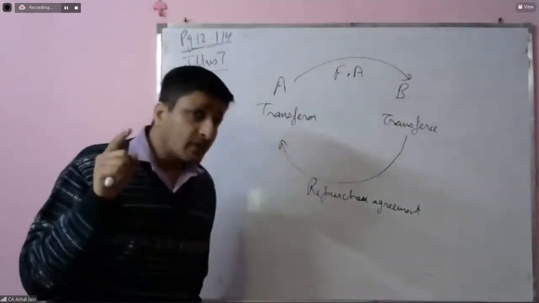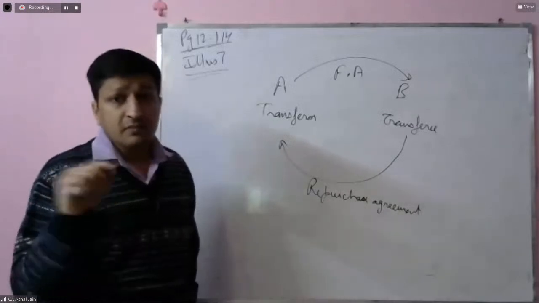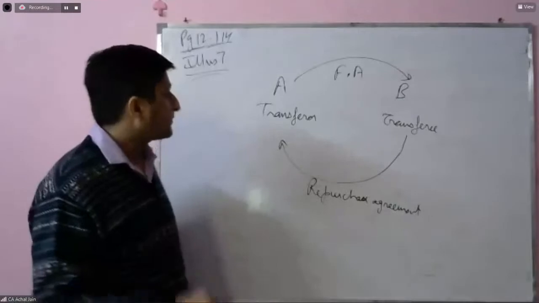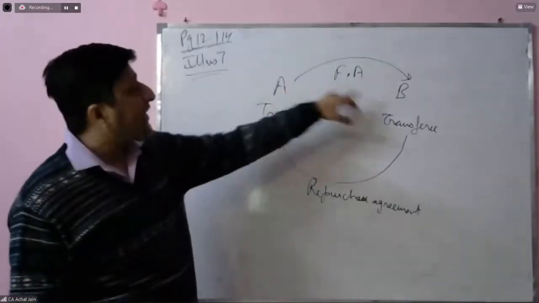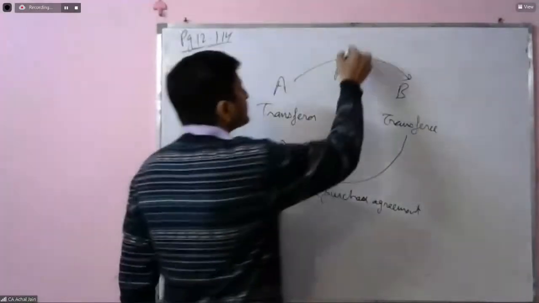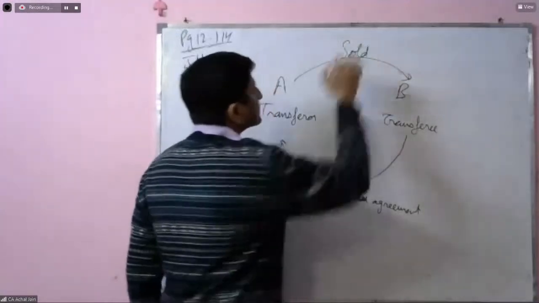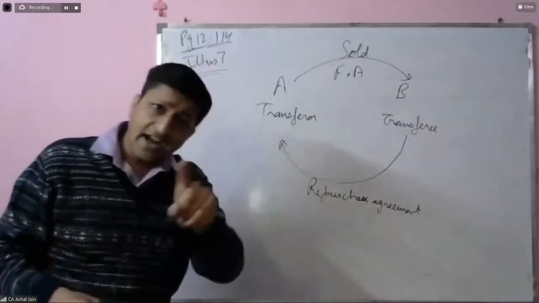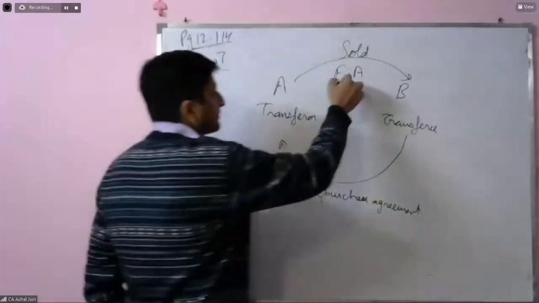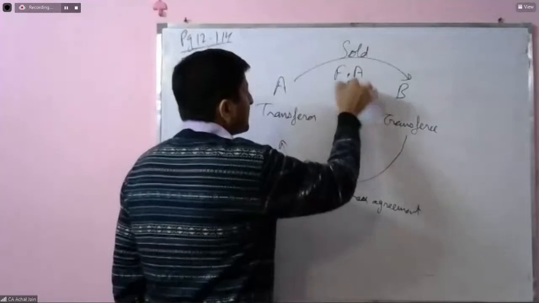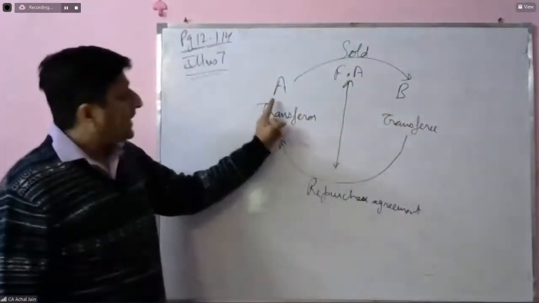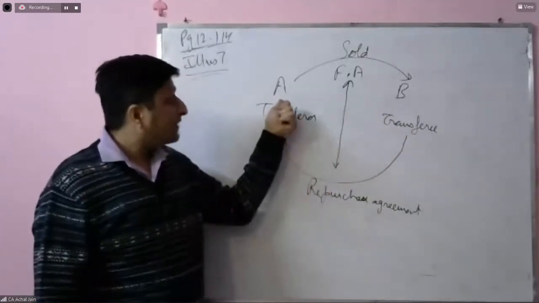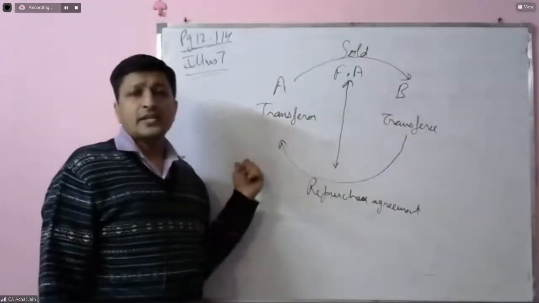Now let's understand the flow of transaction once again, because this can be very confusing if you go by the language. That's why I've given you this chart. A has sold financial asset to B, and at the same time, this is happening simultaneously, A has entered into an agreement with B that A will repurchase the financial asset.